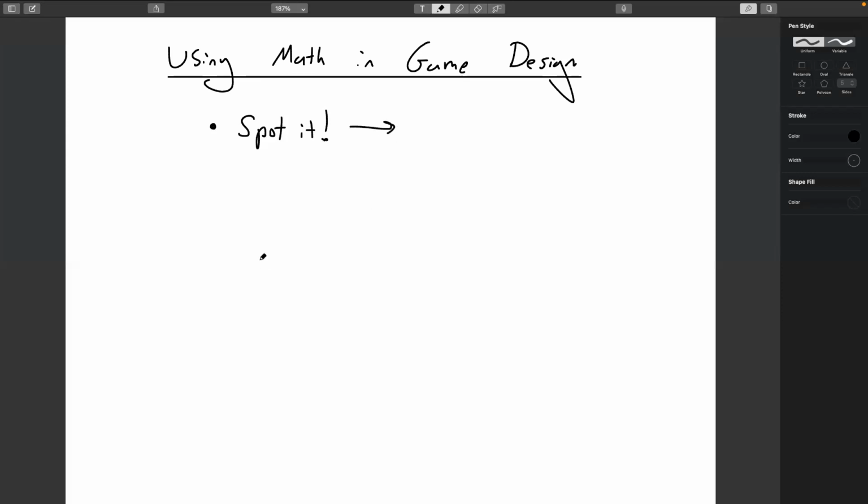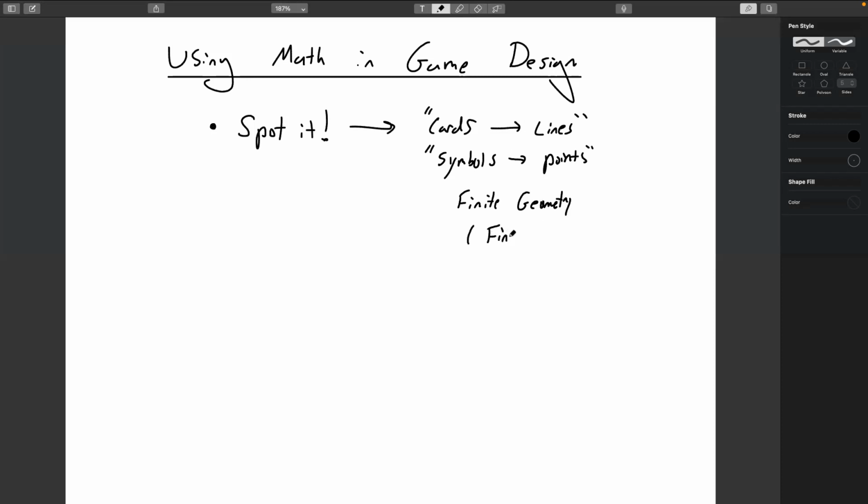The mathematical connection here is that the cards can be analogized to lines, and the symbols can be like points in a geometry. So this is a finite geometry, and it's actually an example of something called a finite projective plane.